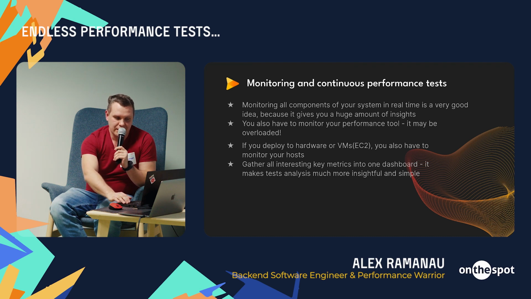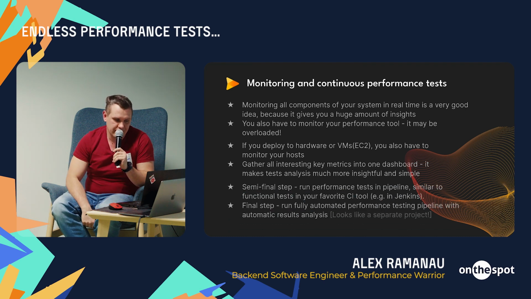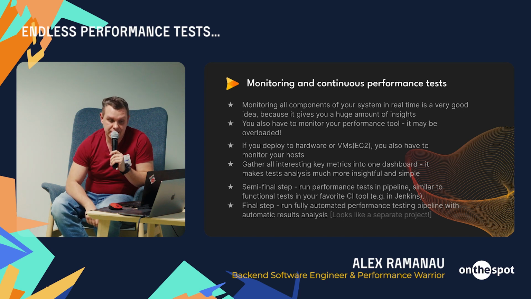So it's a really good idea to gather all interesting key metrics into one dashboard. It makes test analysis much more insightful and simple. I'll show how this dashboard may look. A semi-final step is running your performance test in a pipeline, for example in Jenkins, similar to functional tests, to run it regularly and analyze results regularly.